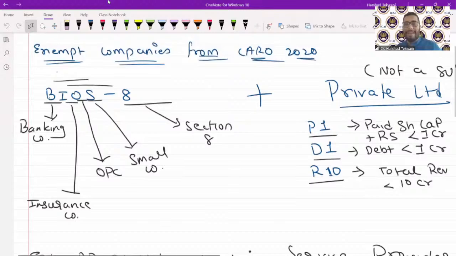So this was basic about the applicability of the CARO 2020. Any doubts till now?